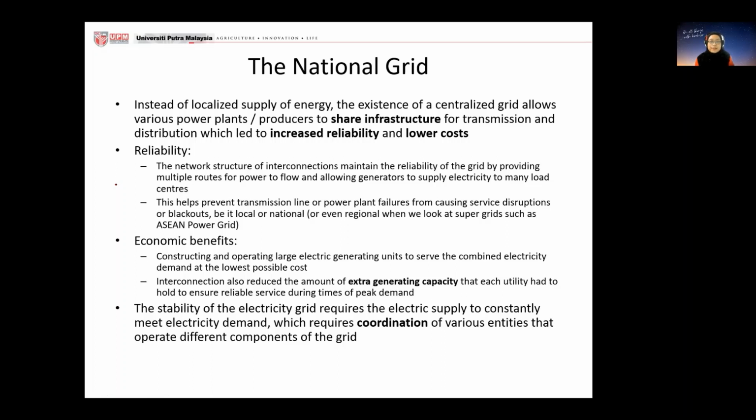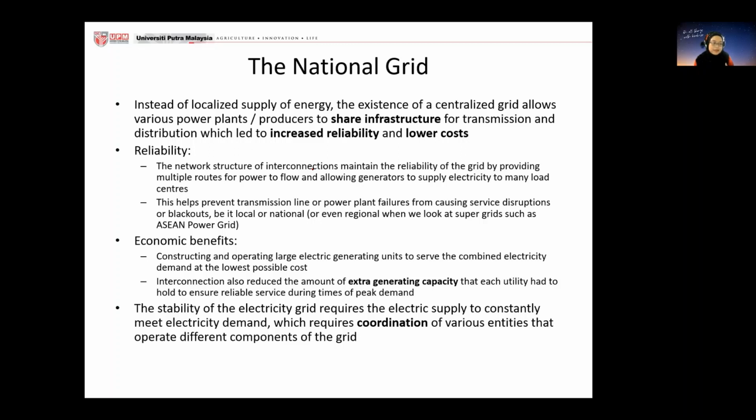In terms of reliability, it's more reliable because you have this interconnection and multiple routes for power to flow, and you can allow various generators to supply electricity to many load centers.